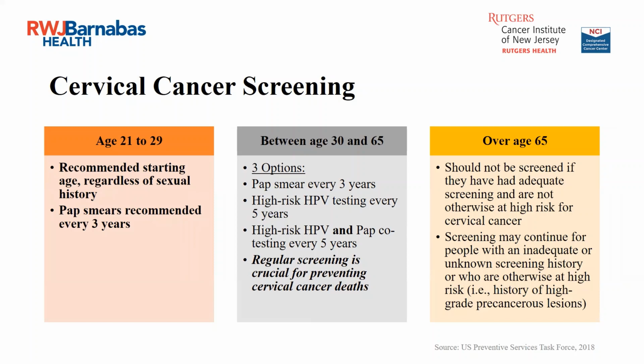This can make getting a pap smear uncomfortable and even painful in some cases. So some things that a provider can do to accommodate transgender clients would be either using a smaller speculum to do the pap smear, or choosing to just do the HPV test alone without a pap smear. The other thing is putting some warm water on the speculum before insertion to make it more comfortable for the client.